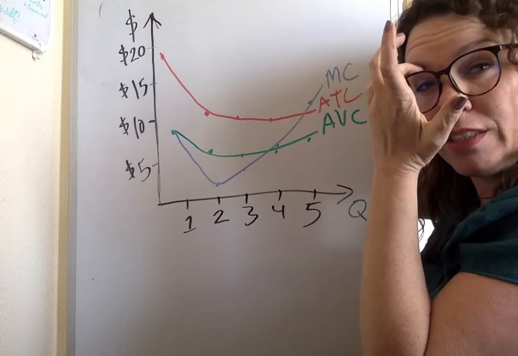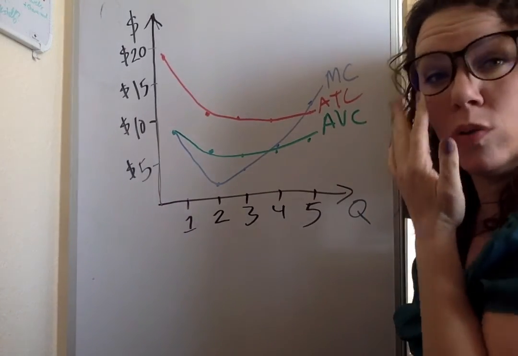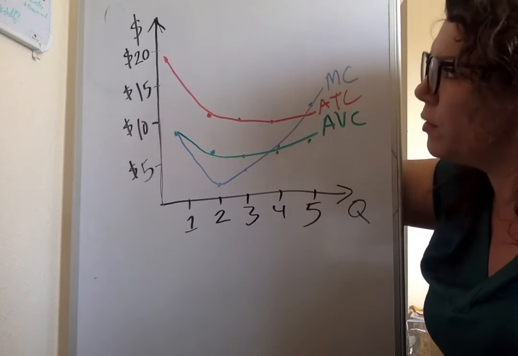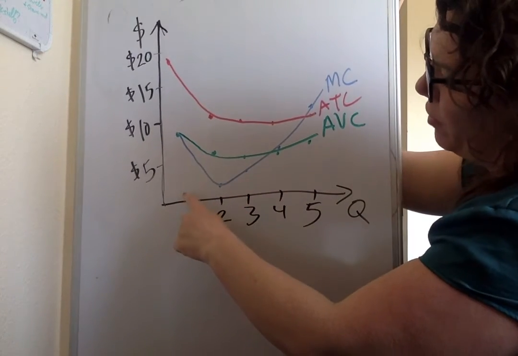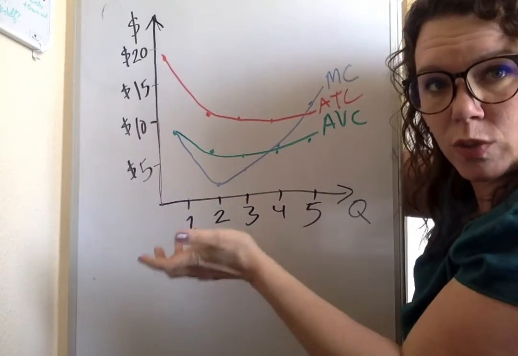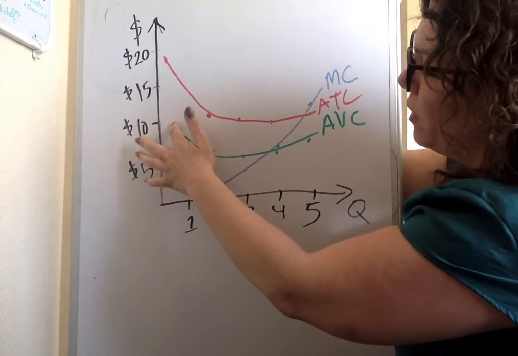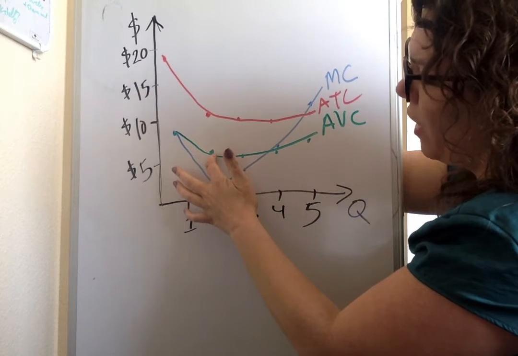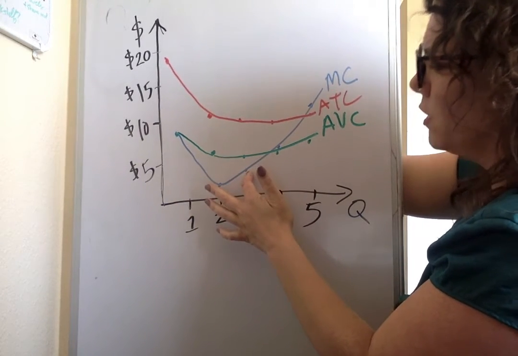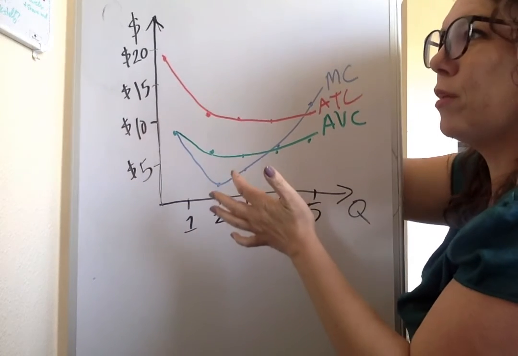And so the one graph we didn't graph up here that we won't normally graph is average fixed costs, but that would start out at $10 for the first unit, 10 divided by 1, because our fixed costs were $10. And then when we divided it by 2, all of a sudden it dropped to 5. And then we divided by 3, and it dropped to like $3.33. And then we divided by 4, 10 divided by 4.